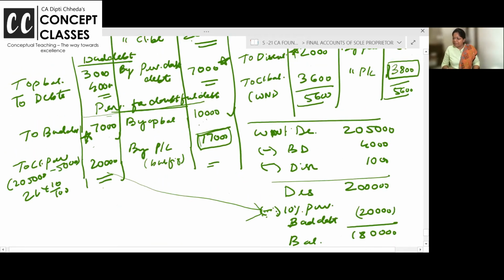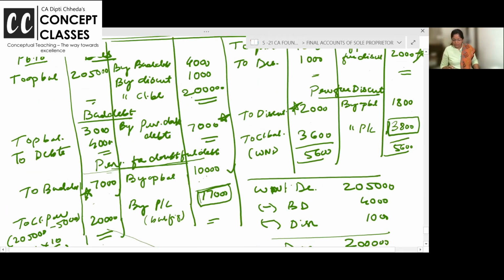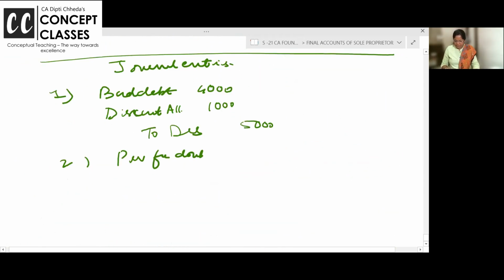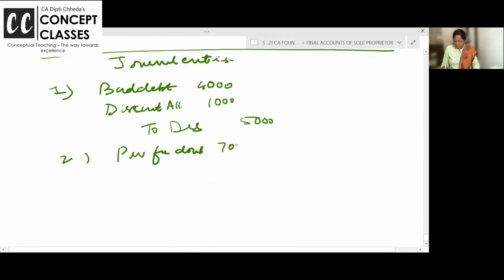Look at the screen, please, all of you. आपने ये 7,000 यहाँ ट्रांसफर किया ना, उसकी एंट्री. Provision for doubtful debts 7,000. To bad debt 7,000. Bad debt is closed. और प्रोविजन में आपने ट्रांसफर कर दिया.